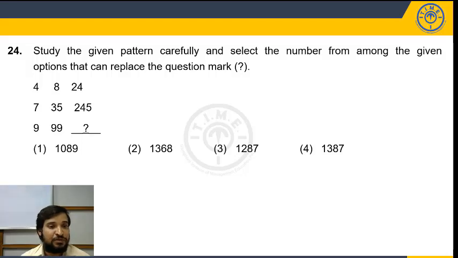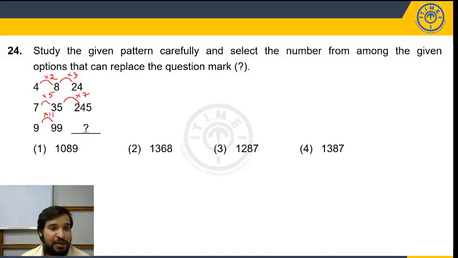If you observe 4 to 8, the logic is times 2, and 8 to 24, it is times 3. Now 7 to 35, it is 5 times, and 35 to 245, it is 7 times, and 9 to 99, it is 11 times.